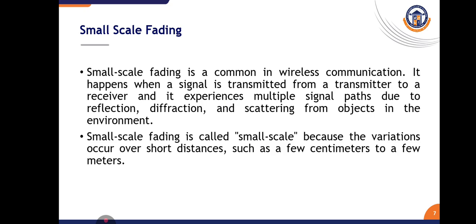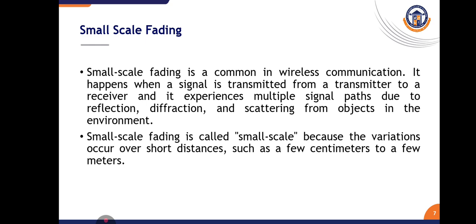And small scale fading, as I said, happens when the signal is transmitted from a transmitter to a receiver. It experiences multiple paths due to reflection, diffraction, and scattering from the objects in the environment. These signal paths can cause interference and distortion to the signal, resulting in fluctuations of the signal strength at the receiver.